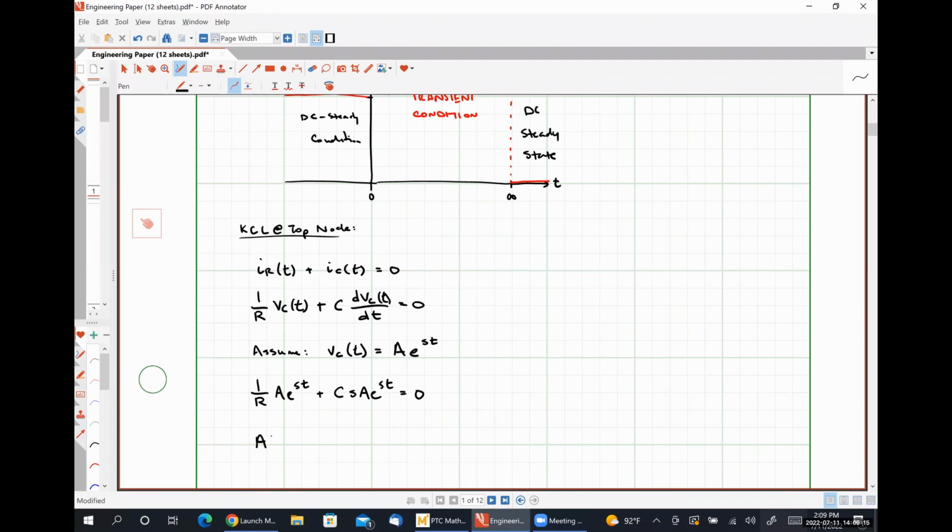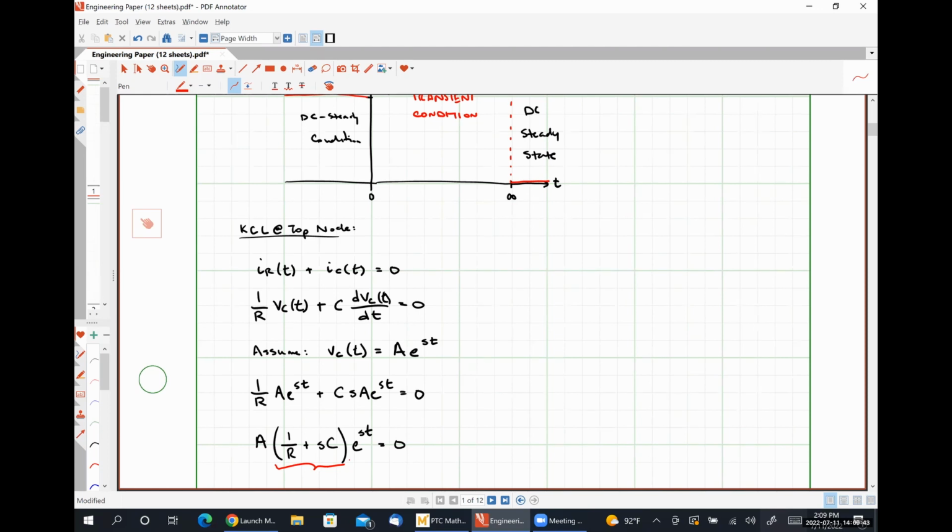And I can factor out things. So we'll have a factor of A that's multiplied through by everything. And then we're going to have (1 over R plus sC) times e^(st) is equal to 0, where this bit right here that I've underlined is our characteristic polynomial.